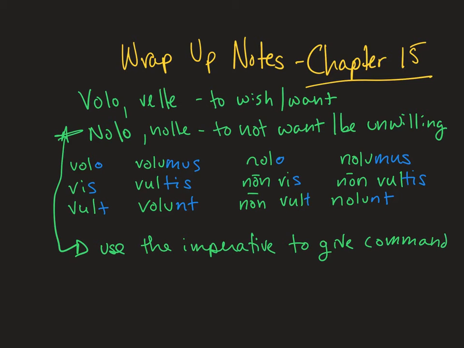So if I want to say sit, I would say sede. If I want to say don't sit, I would use the imperative. So if I'm talking to a bunch of people, I would say nolite sedere. And I use the infinitive of my verb.